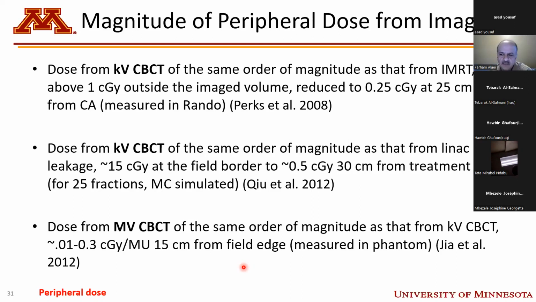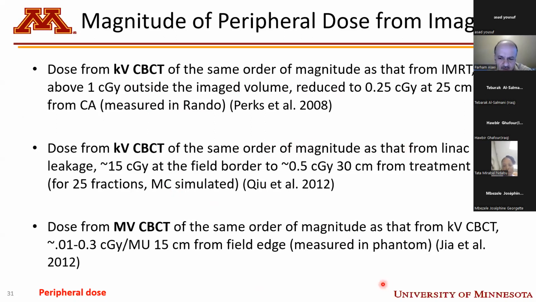There are several studies on this to look at the magnitude of peripheral dose. I list 3 of them in here. The one from Prex et al. 2008 concluded that the kV CBCT peripheral dose is the same order of magnitude as that from IMRT. The one by Kui et al., again, is the same order of magnitude as that of LINAC leakage.